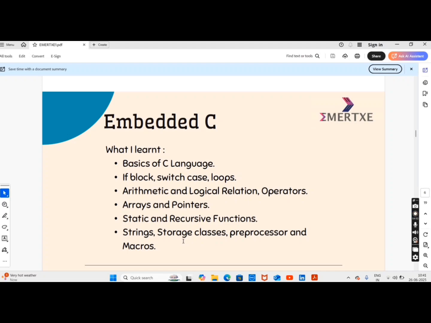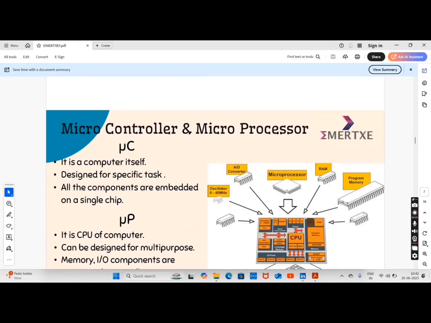In our project, we also write our program in the C language. And in this slide, we talk about microcontroller and microprocessor. What is a microcontroller? A microcontroller is a computer itself, designed for a specific task.